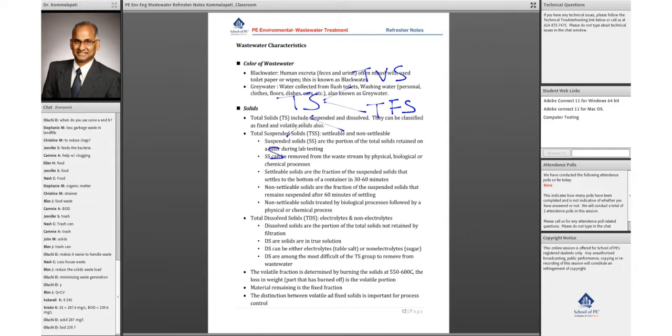broken down into suspended solids and dissolved solids. Now, each one of them can be broken down into volatile suspended solids, fixed suspended solids, similarly, volatile dissolved solids, fixed dissolved solids. Now, if you add up the two fixed solids, you get the total fixed solids.